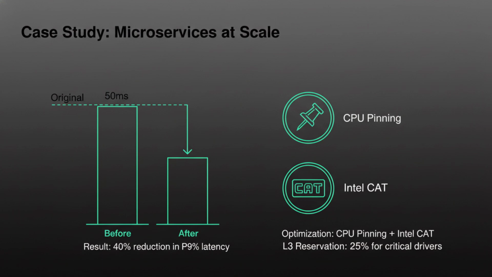By implementing CPU pinning for the primary request processing threads and using Intel CAT to reserve 25% of the L3 cache for the database driver, the P99 was reduced by 40%. Furthermore, by aligning the network interface card, NIC, interrupts to the same NUMA node as the application, we eliminated cross-socket traffic, resulting in a 15% boost in total throughput. Proper cache control isn't just a micro-optimization, it's a scaling strategy.